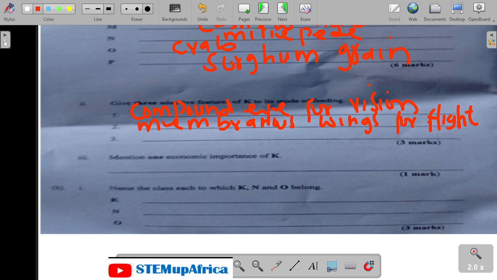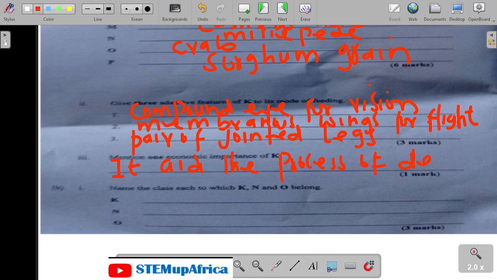Then next, you see the pair of jointed legs. Then Roman figure 3, mention one economic importance of K. It aids the process of decay.